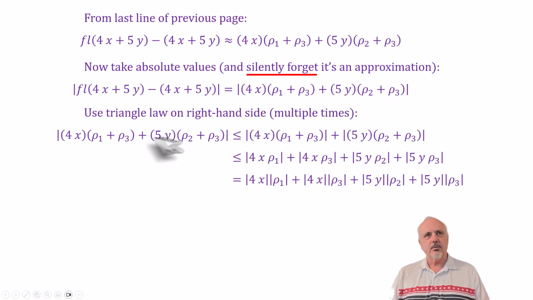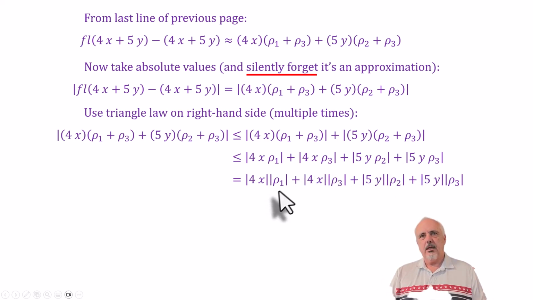All right, so the right hand side here is what I start with, and I know that because of the triangle law, it's going to be less than or equal to the sum of the individual terms absoluted. And then I can break those down again, less than or equal again to the sum of the absolute valued terms there. And now I get it to a point where I can split out these factors where I get the 5y, the 4x's times their respective rhos.